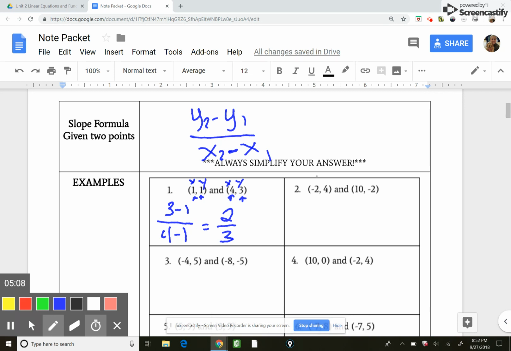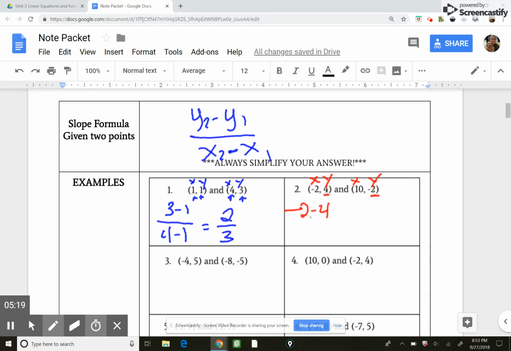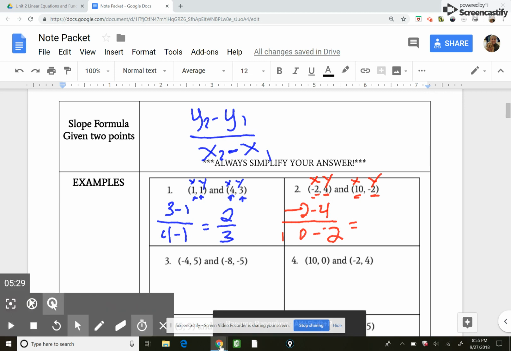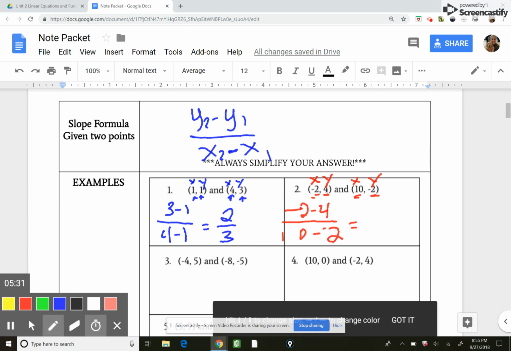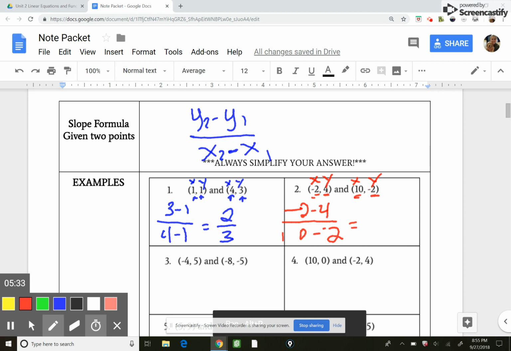Go to the next one. Remember, x, y, x, y. So negative 2 minus 4, and then 10 minus negative 2. When you go to subtract, just watch your negatives.